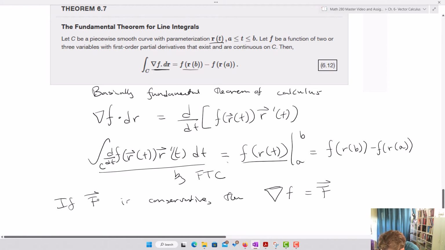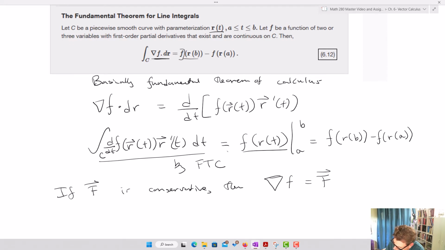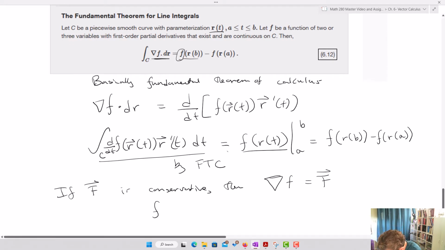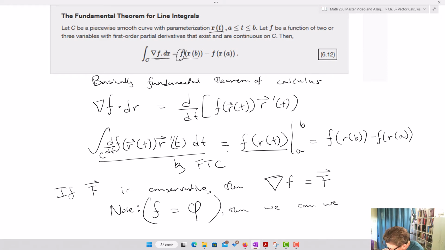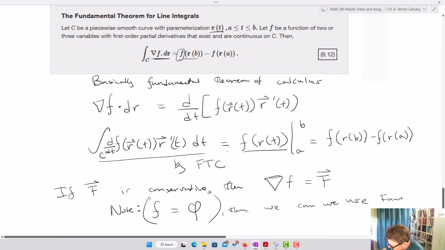Consequently, if we can retrieve f, remember from our earlier conversation, f is going to be our potential function phi, then we can use the fundamental theorem of line integrals.